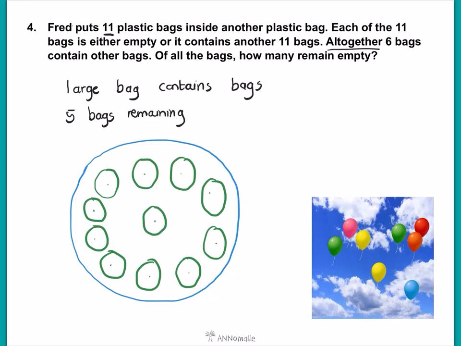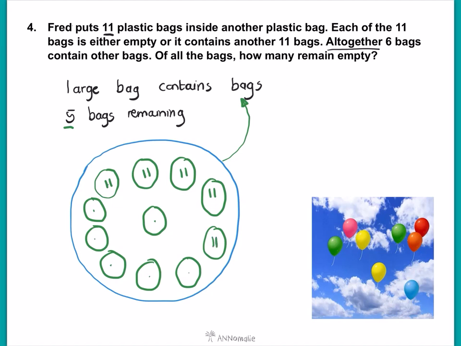If we read it, Fred puts 11 plastic bags inside another plastic bag. We've drawn exactly that. Each of the 11 bags is either empty or it contains another 11 bags. Now, because we know that this outside bag already contains bags, there's only 5 bags remaining with 11 bags inside: 1, 2, 3, 4, 5.